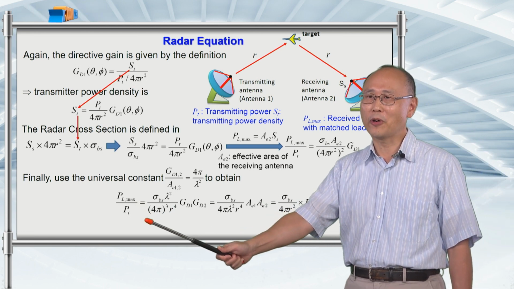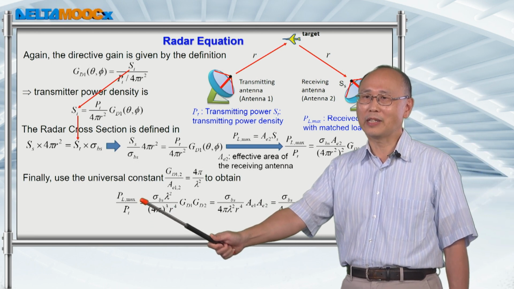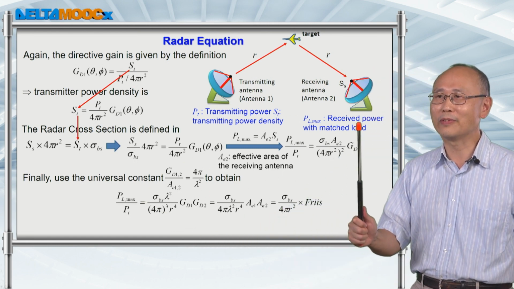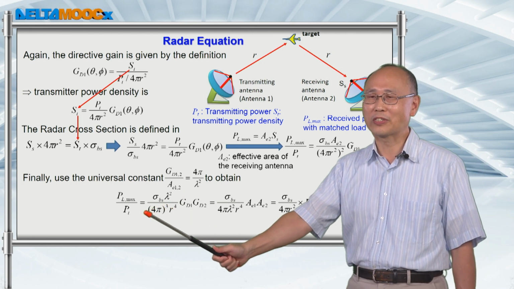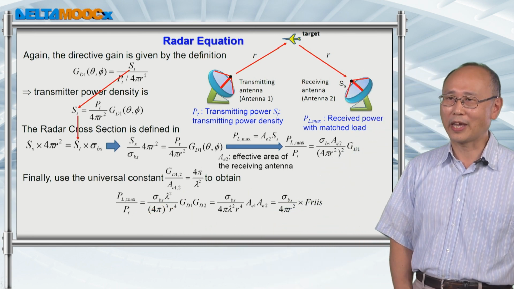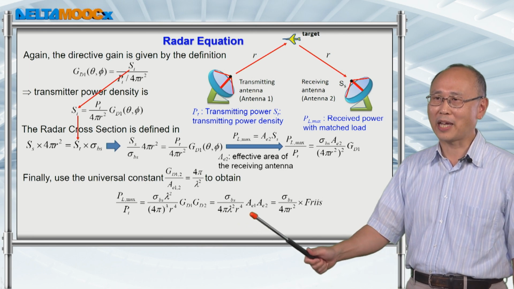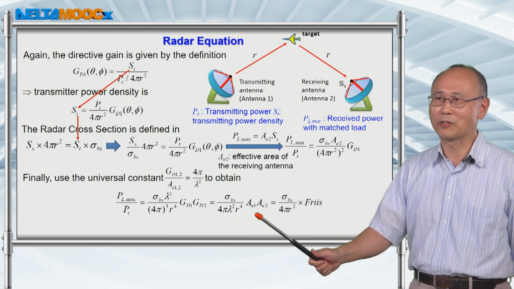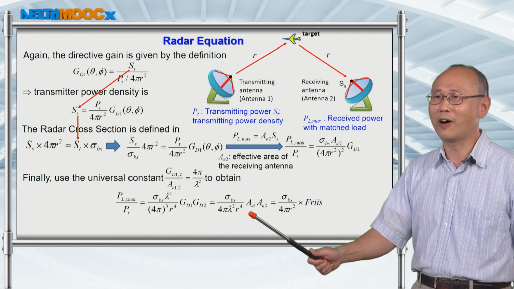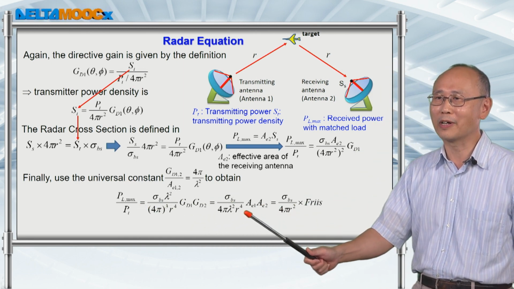So you have a formula relating the received power in the receiving antenna to the transmitted power in the transmitting antenna. As expected, this result gives you a 1/r to the fourth power relationship.